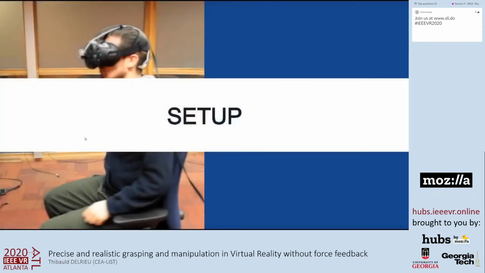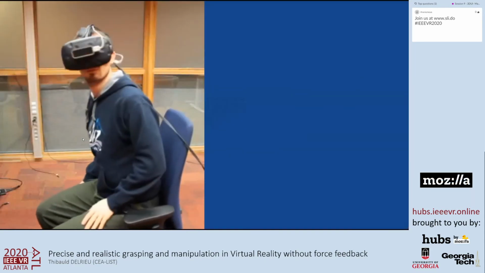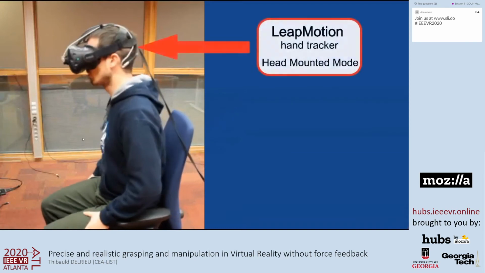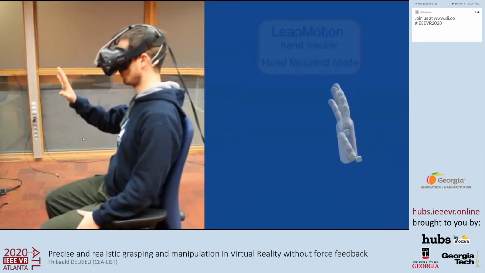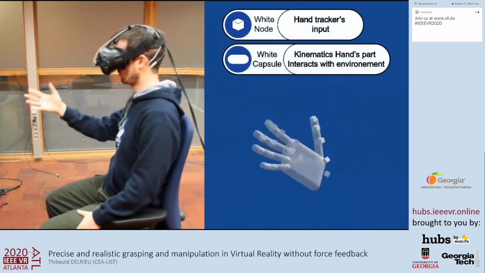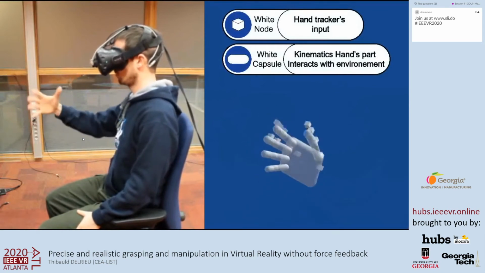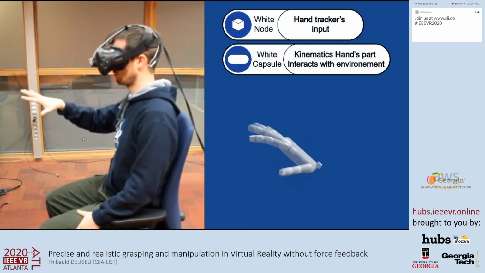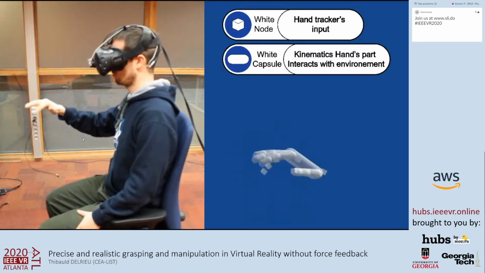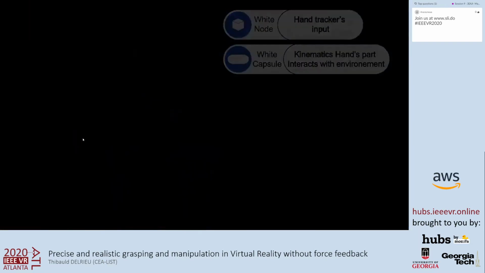In that sense, we decided to choose the virtual coupling approach by setting up a Leap Motion on a hand-mounted mode on a headset. So as we can see, this is our setup.